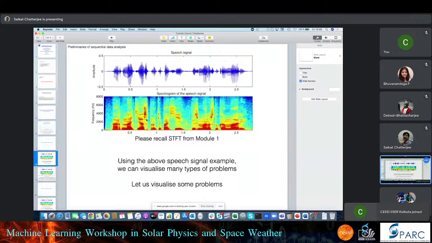So if we could do image processing on that, then we could design a speech recognition system. At that point there was some thought process like this, but finally it did not happen, and people used other kinds of methods.